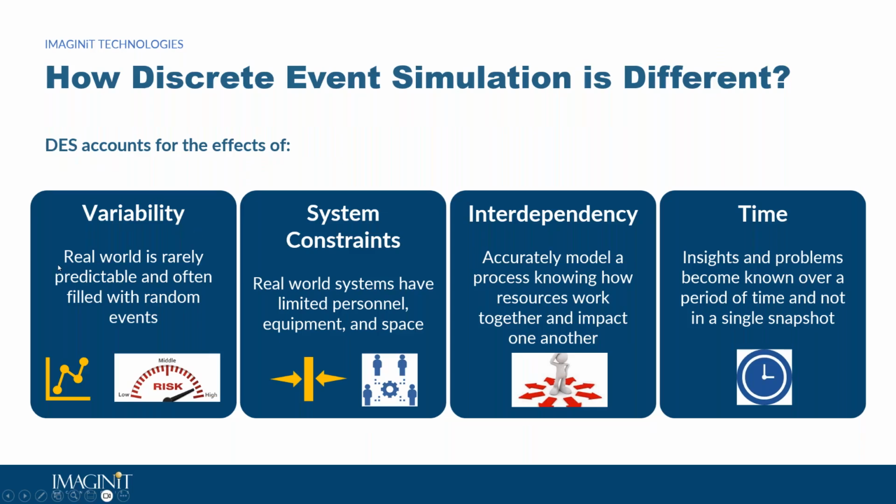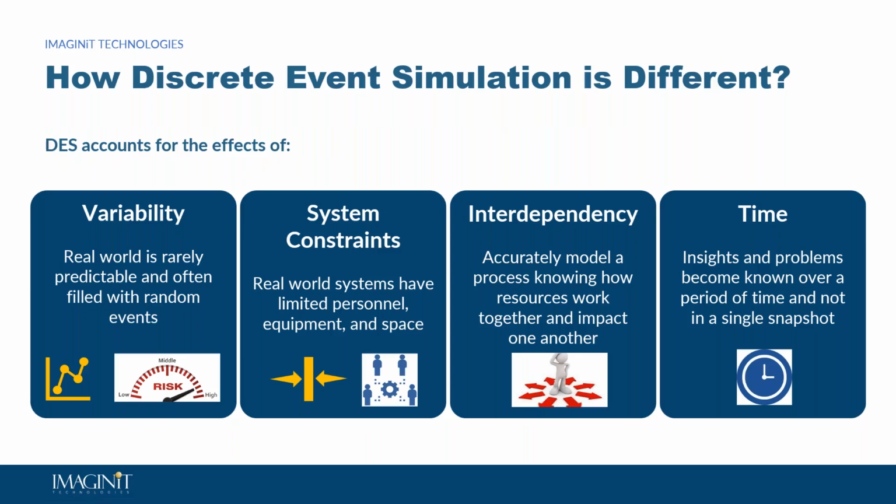In the real world, process times are variable. It might take 5 minutes one time, 10 minutes another time. There can be risks involved, whether it's quality, defects, or machine breakdowns, that you want to take into account and understand the impact of. There are also real world system constraints.